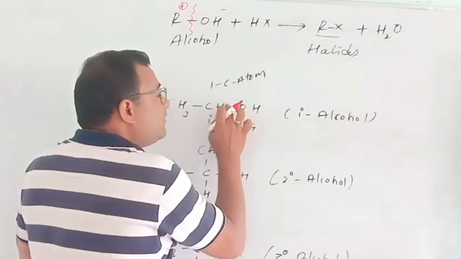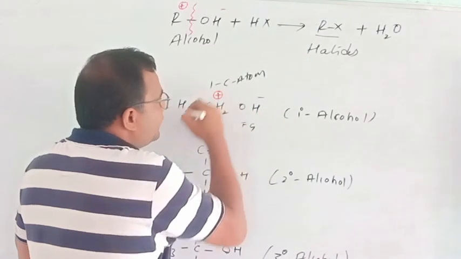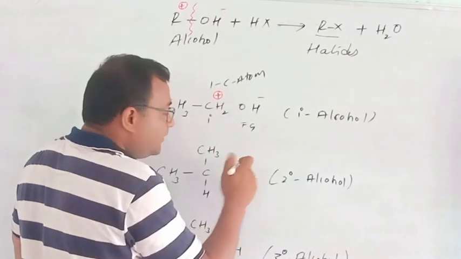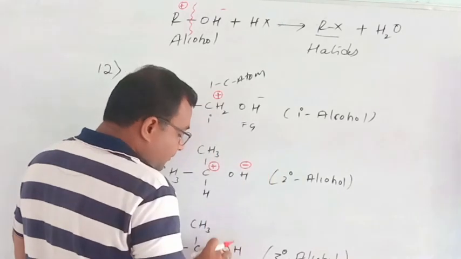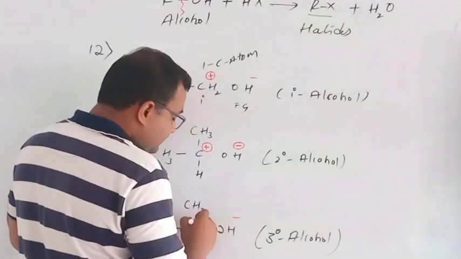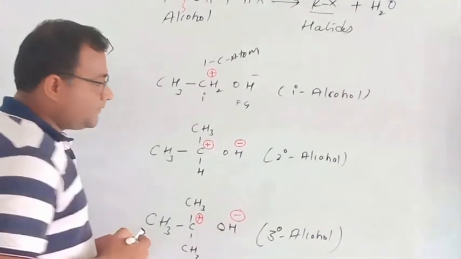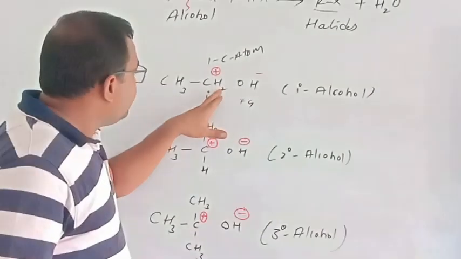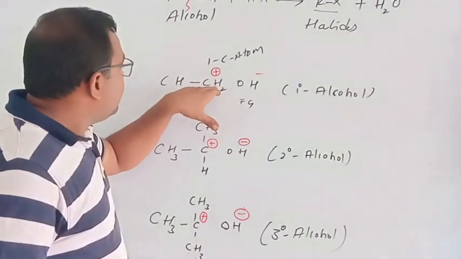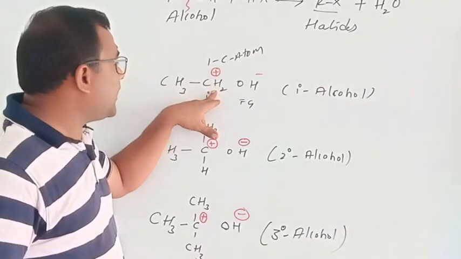Similarly in each compound, when you break this bond, this gets a negative charge and this gets a positive charge. And here, this is a 1 degree carbocation.